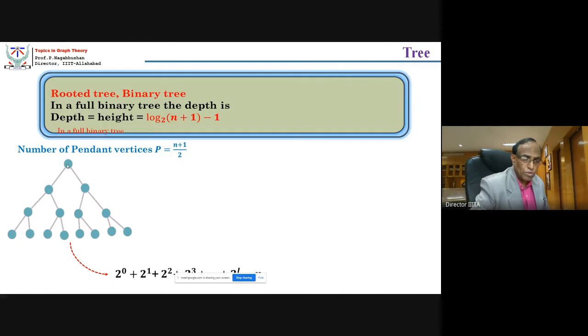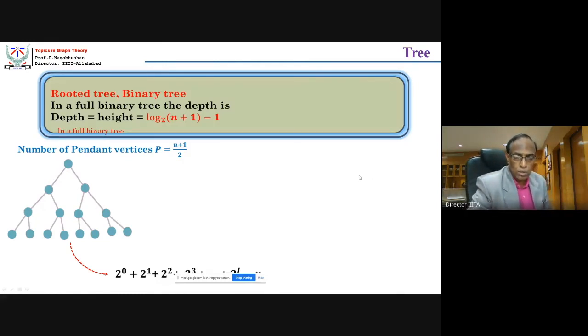Here there are 2 to the power 0 vertices in level 0, in level 1 there are 2 to the power 1 vertices, in level 2 2 to the power 2, in level 3 2 to the power 3. Like that, the total number of vertices is 2 to the power 0 plus 2 to the power 1 plus 2 to the power 2 plus 2 to the power 3, and so on, plus 2 to the power of the last level, let us say it is L, which should be equal to the total number of vertices n in a full binary tree. All right.